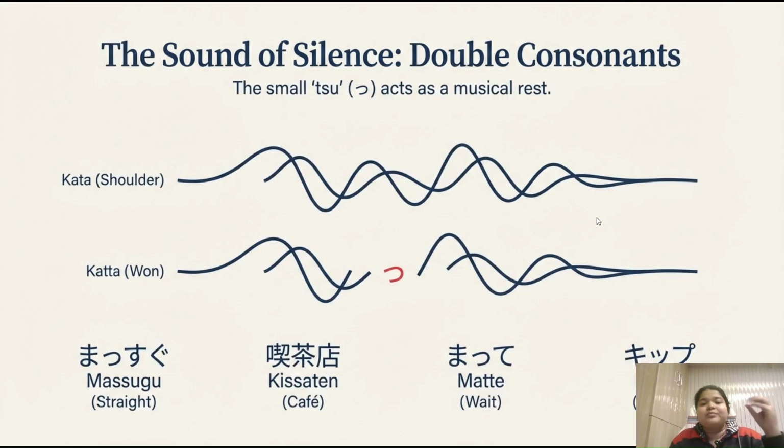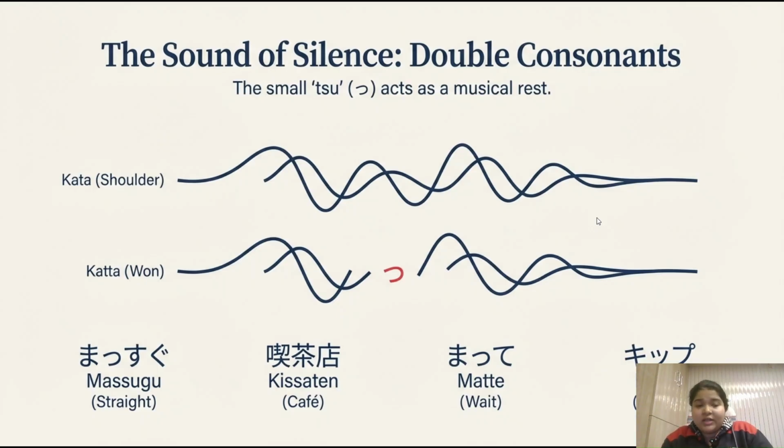Next is the sound of silence, double consonants. The small tsu acts as a musical rest. How exactly? For example, if I am speaking about shoulder, in Japanese it is kata. You can see the lines, the waves of the sounds, it is continuous, it's not breaking.